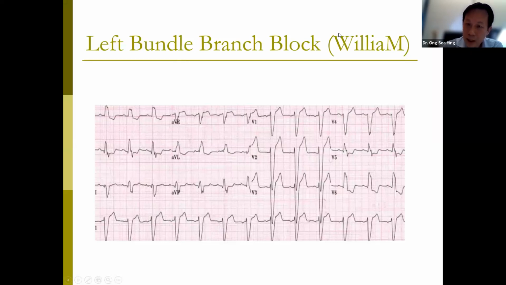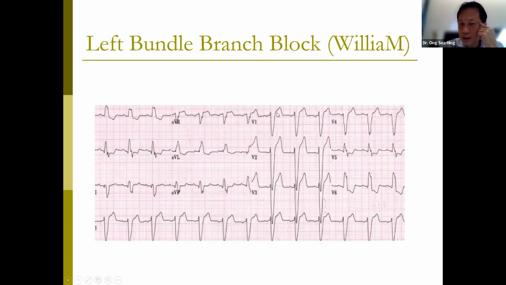Okay, and so we always use this method to remember left and right bundle. If you look at William, the middle of William has two L's, so that's left bundle. The first letter of William is W, and the last letter is M. So in a left bundle branch block, you will get a W kind of pattern in V1.